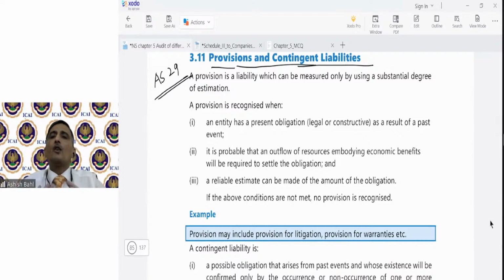So we will not go into the detailing of these, students. I will only make you understand the broad difference between provisions and contingent liabilities, and then we can ourselves form what procedures the auditor would perform in relation to provisions and contingent liabilities.